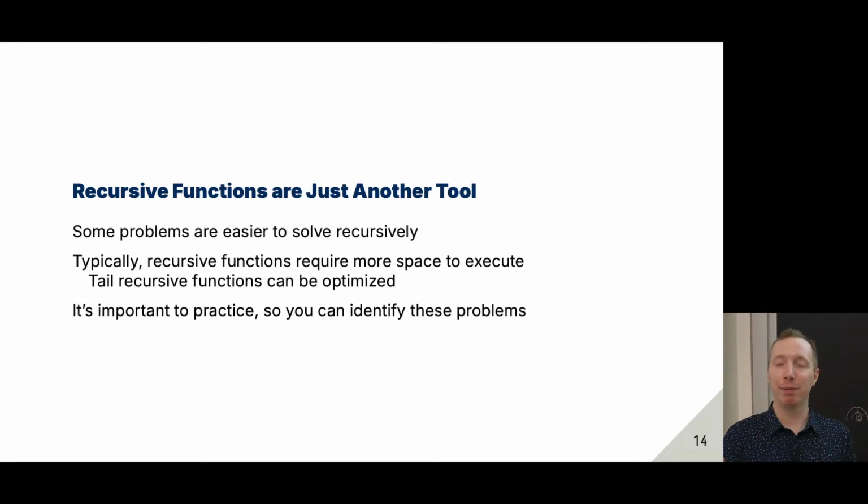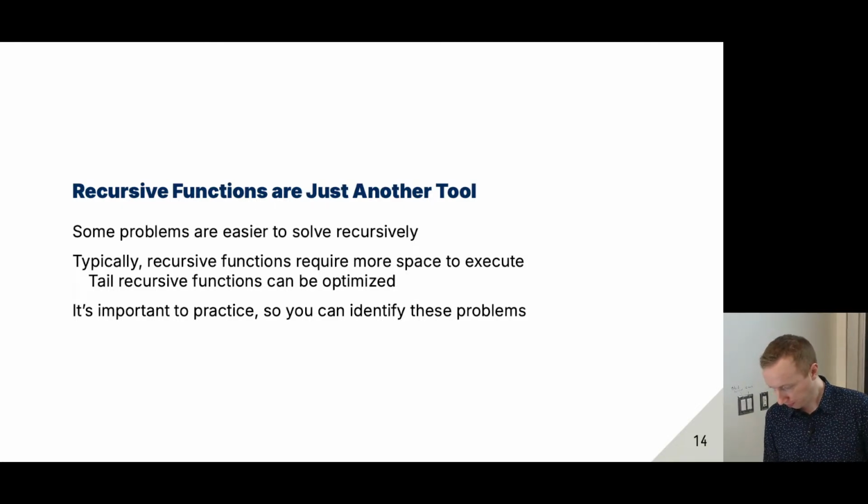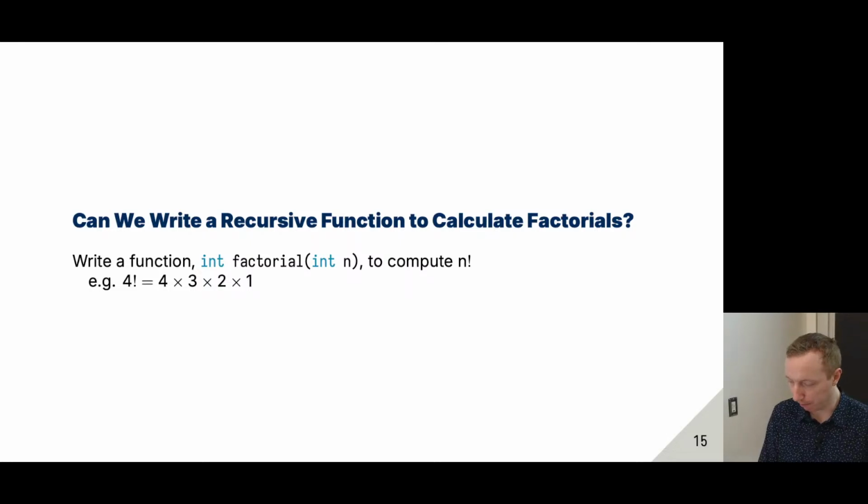You want to solve the problem in terms of a smaller version of itself. So typically you do one thing, like you just take one step and solve that. So let's think about that for more practice. Can we write a recursive function to calculate factorials?